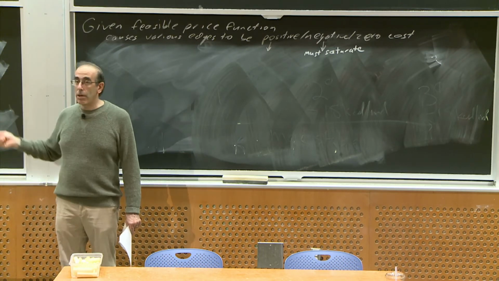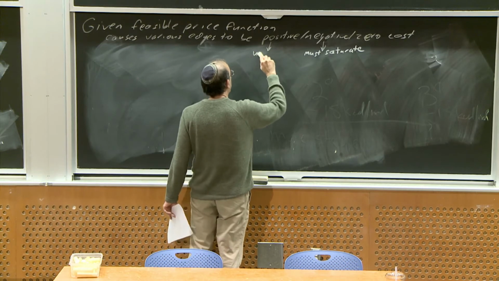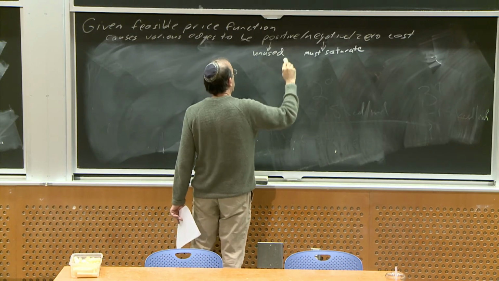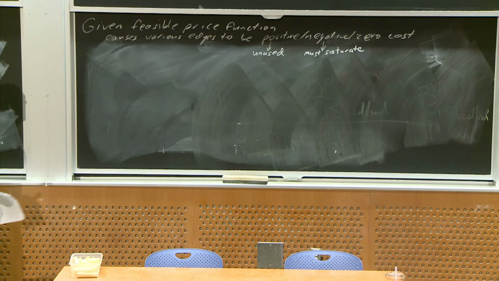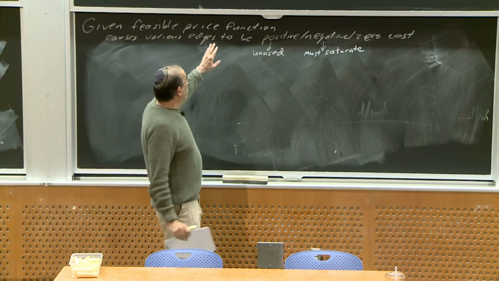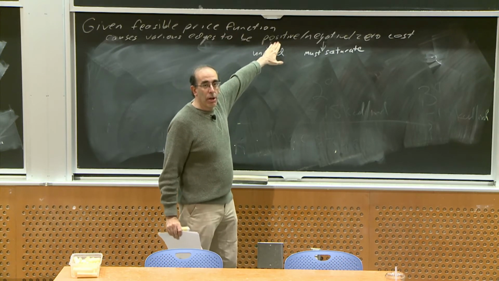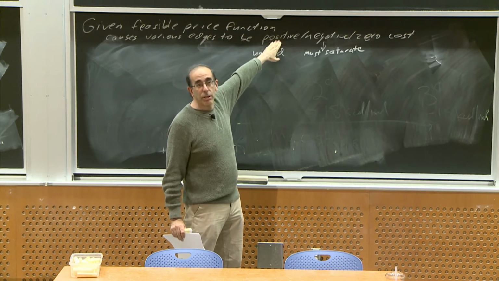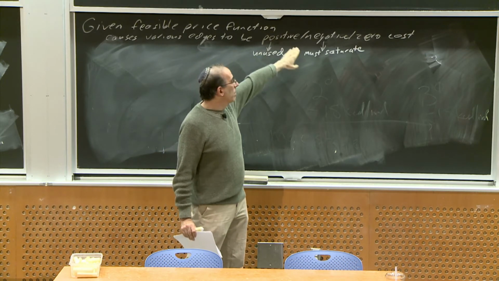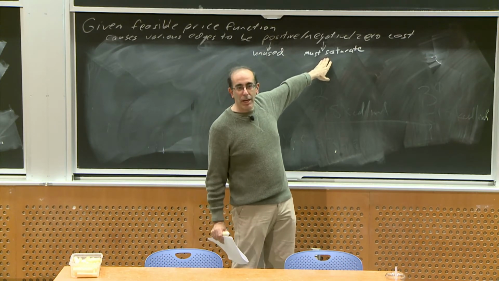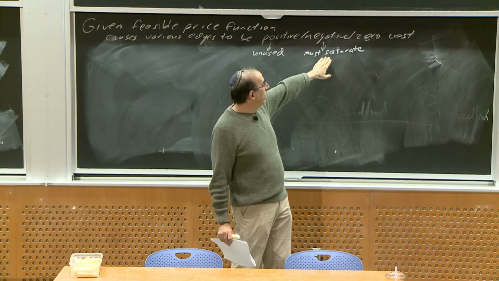Well, that's as we said over here. If the cost is positive, you don't use it, right? So any edge with a positive cost under the feasible price function goes unused. It's empty. So from the feasible price function, we know what should happen to all the positive cost arcs, which is that we can delete them. They're not used in the min-cost flow. We also know what happens with all the negative cost arcs. We know they have to be saturated. Okay, let's do that.